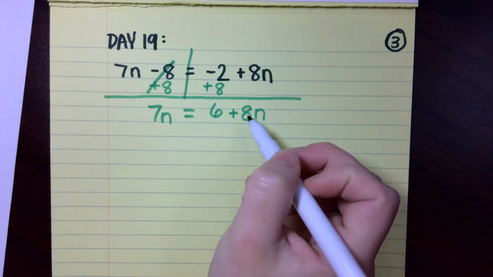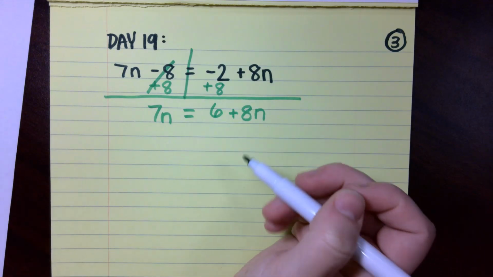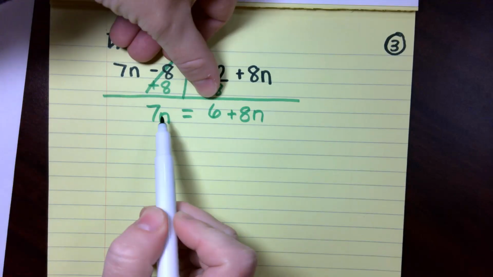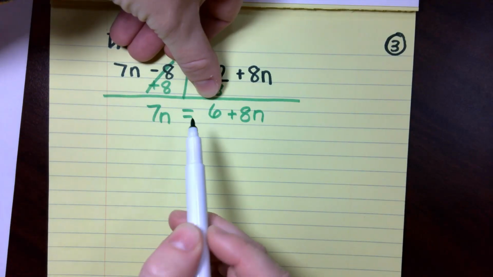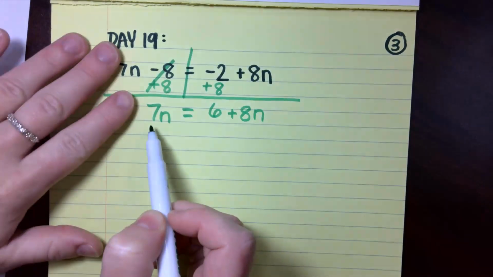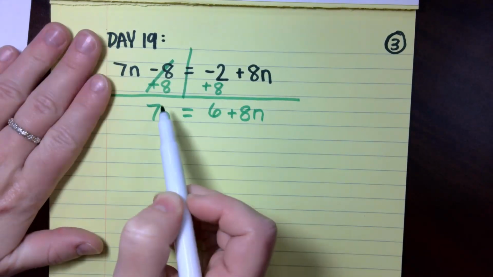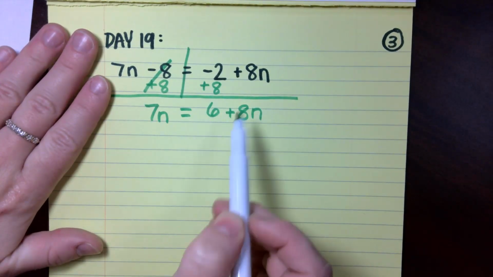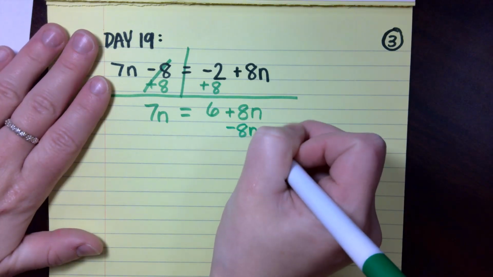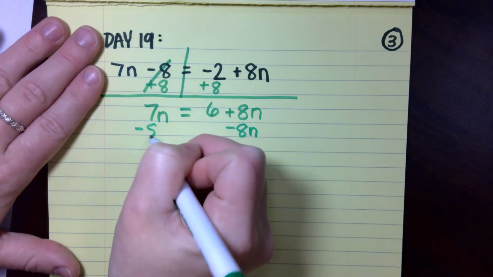Yeah, we want to do 8n because my end goal is to have n equals a number by itself. And if I got 7n and brought it over here, then I would have 0 equals 6 plus whatever that is. So we want to get rid of 8n. So let's do that.